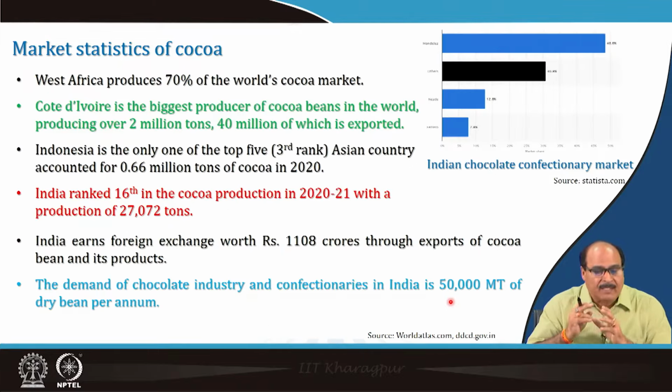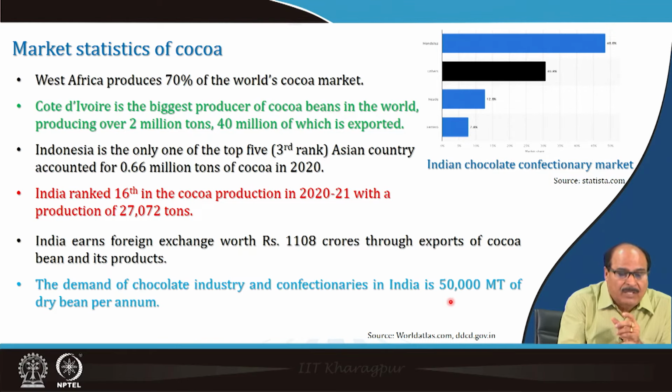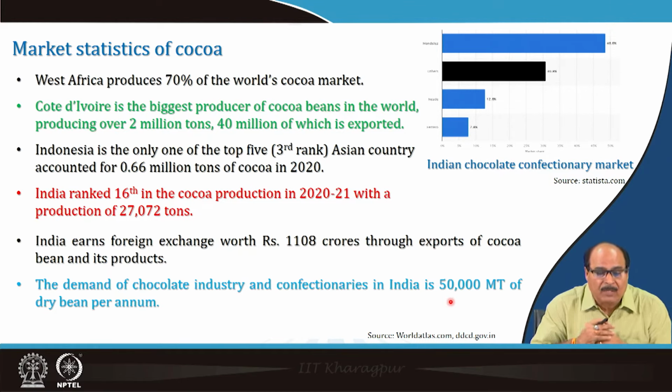Okay. Market statistics of cocoa: you can see West Africa produces 70% of the world cocoa market. Cote d'Ivoire is the biggest producer of cocoa beans in the world, producing over 2 million tons, 40 millions of which is exported.